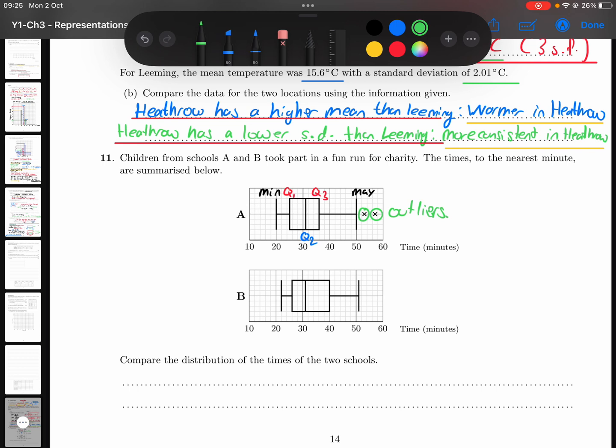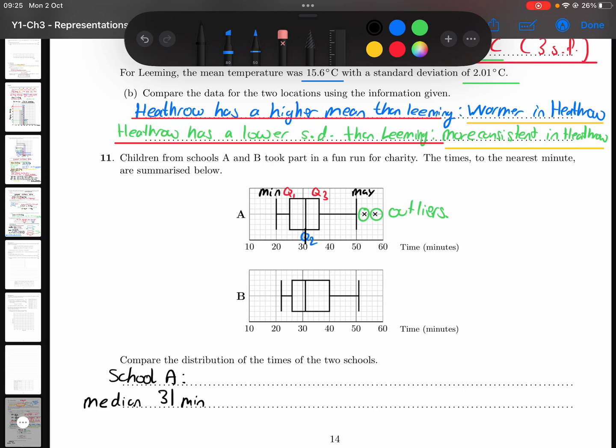First, let's measure the central location of each of those. For school A, we can say that the median is this value here, which would seem to be about 31 minutes.